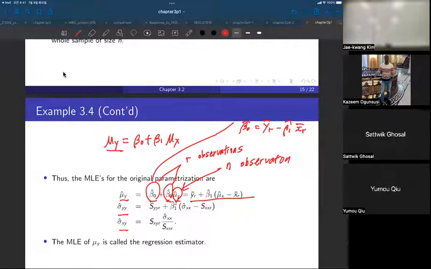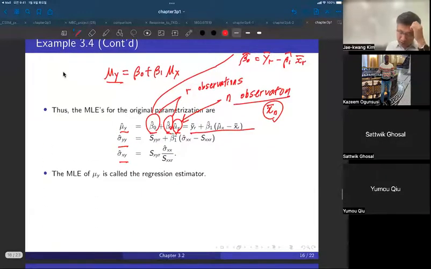I'm sorry, is it X bar N or X bar R? For beta 0 we use R, but for X, here we actually use X bar N. So yeah.